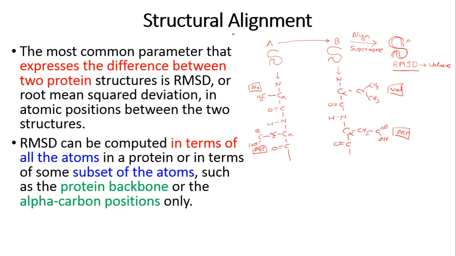Say, for example, the RMSD between these two proteins can be computed in terms of all atoms, what we call all atom RMSD. Or you can also compute this RMSD considering only the backbone atoms from protein 1, aligned with the backbone atoms of protein 2.